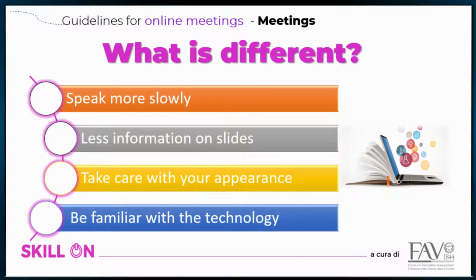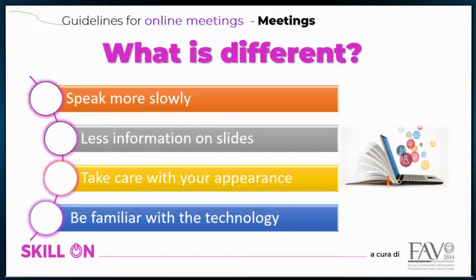Another suggestion, which many of your colleagues have mentioned, is that on platforms you're going to find that a lot of the space is going to be taken up both with the faces of the various participants, and then there's going to be the space for the chat, for the various functions, and so there's going to be less space available for your presentation. So you need to modify any slides that you intend to show with bigger font and less information on each slide.